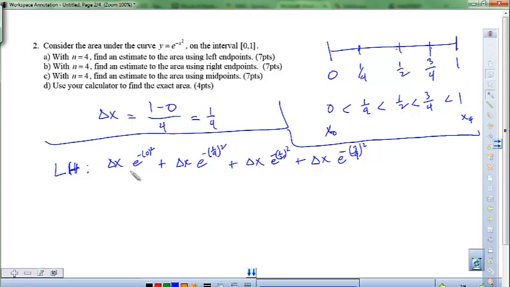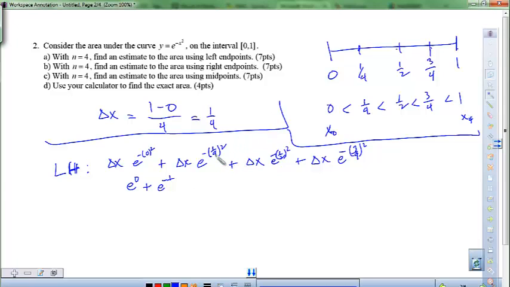Now, as you can probably notice, we can factor out a delta x. We have e to the negative 0, or let's just say 0, which is equal to 1, plus we have e to the negative 1.